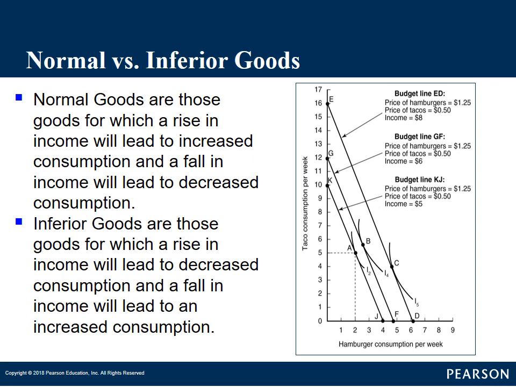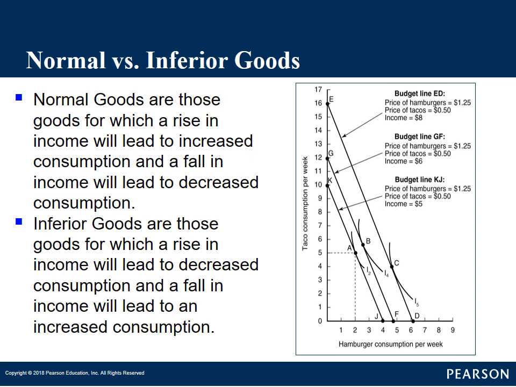So every good can be classified as either a normal good or an inferior good. If you're going to purchase a good more with an increased income, that would be a normal good. And if you're going to purchase a good less with an increased income, that would be an inferior good.